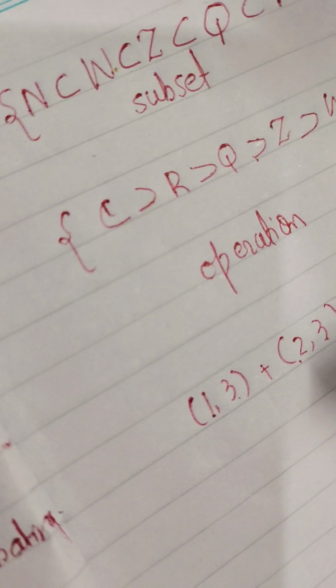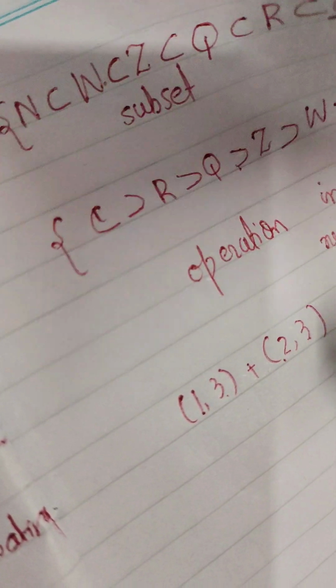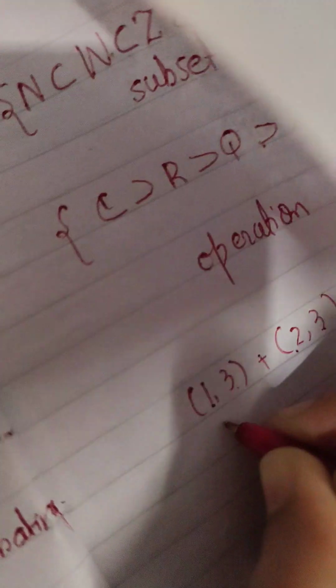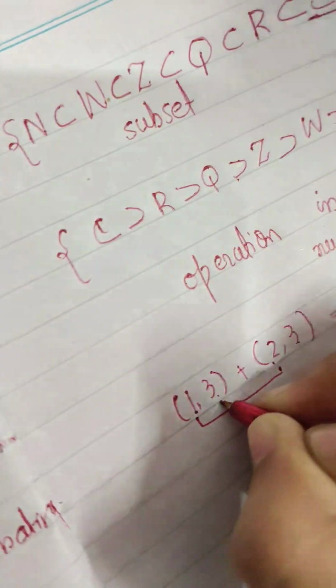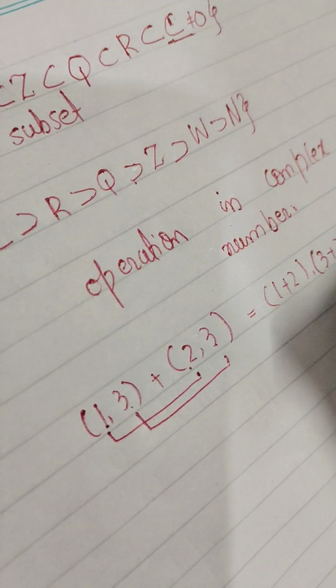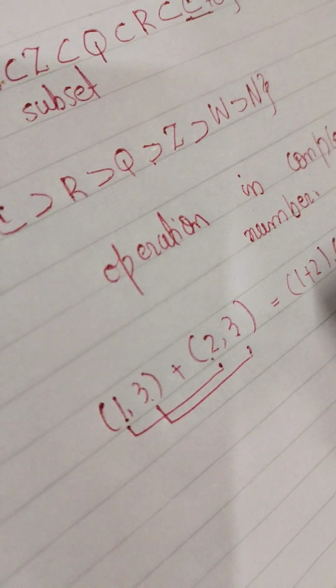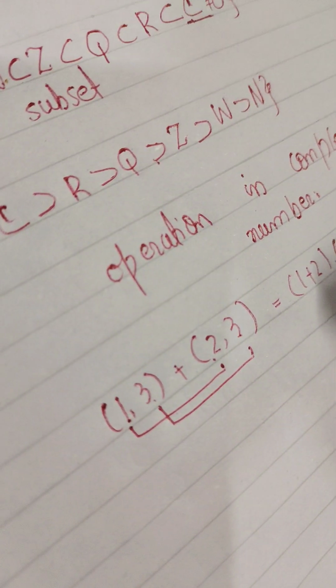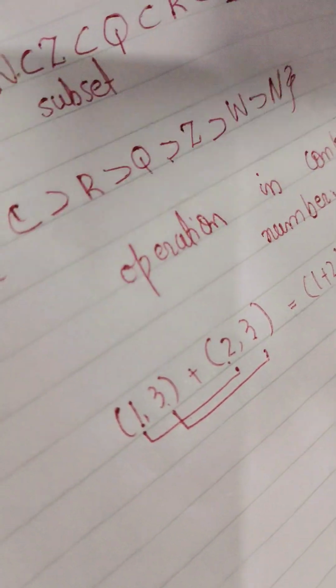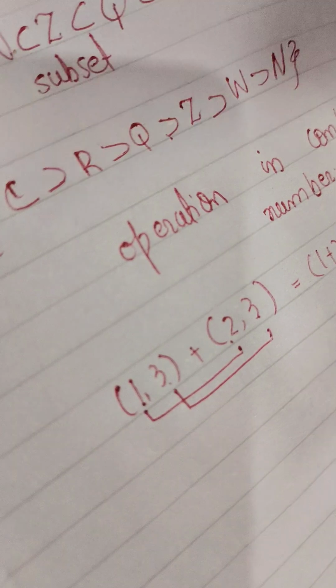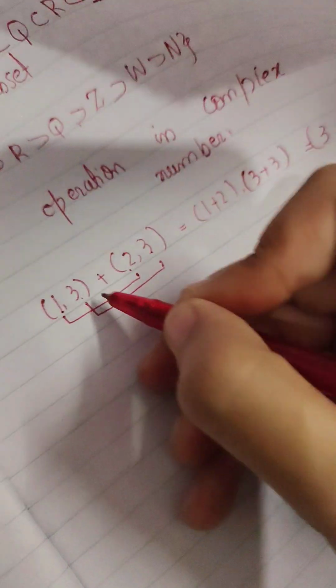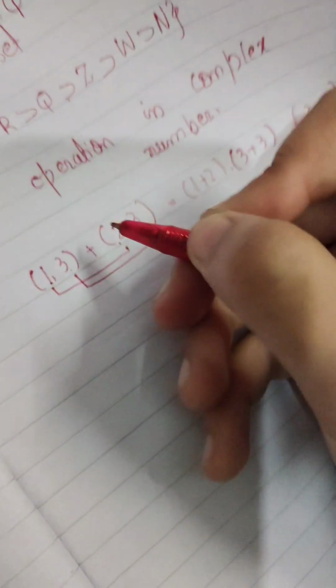Then we have 3 plus 3. Real to real, imaginary to imaginary. So the answer would be 3 and 6. This would be the answer. Same we're gonna do with the minus.